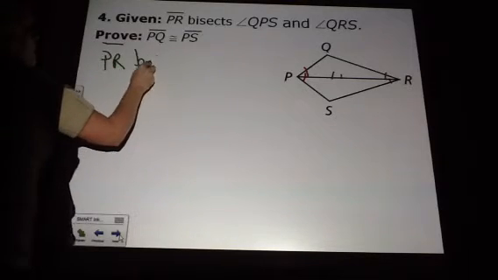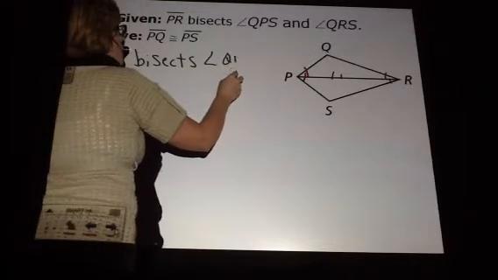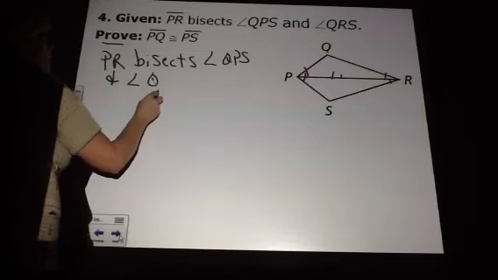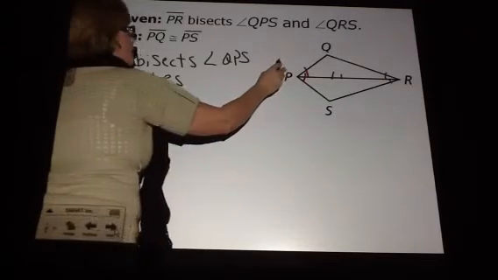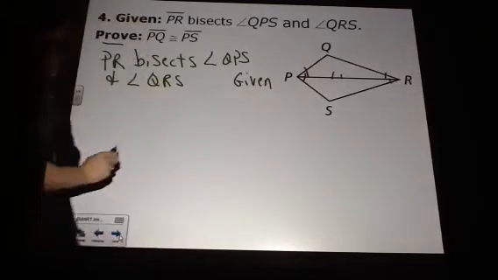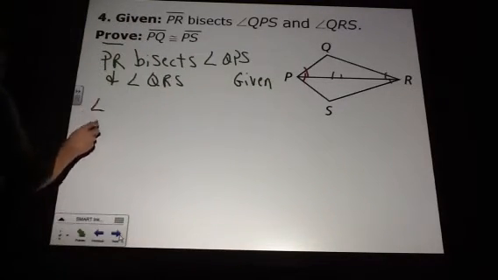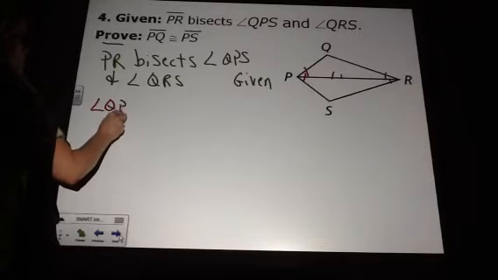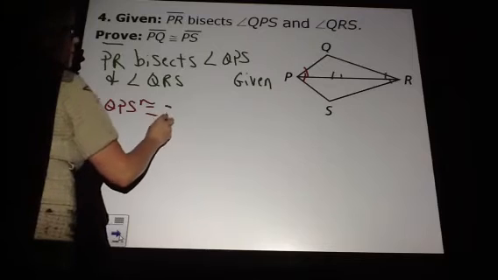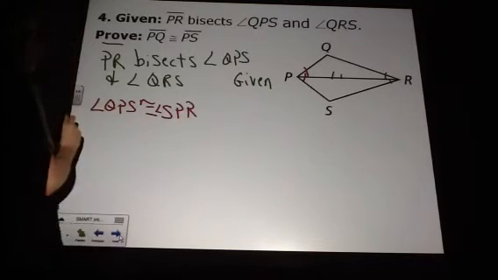Segment PR bisects angle QPS and angle QRS, and this is given. What information does that let us know? That lets us know that angle QPR is congruent to angle SPR.